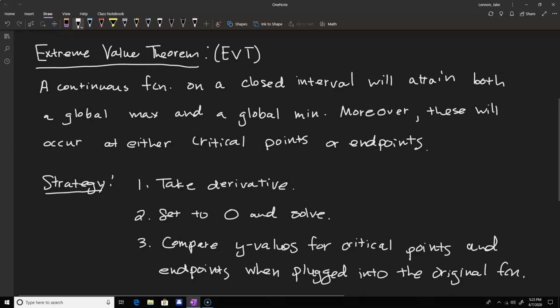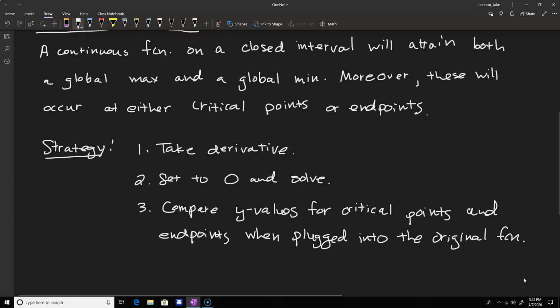So we're not plugging them into the derivative. I see that mistake quite frequently. We're plugging them into the original function because we're using the derivative just to find where the critical values are, and then we're comparing all the y values in the original function.